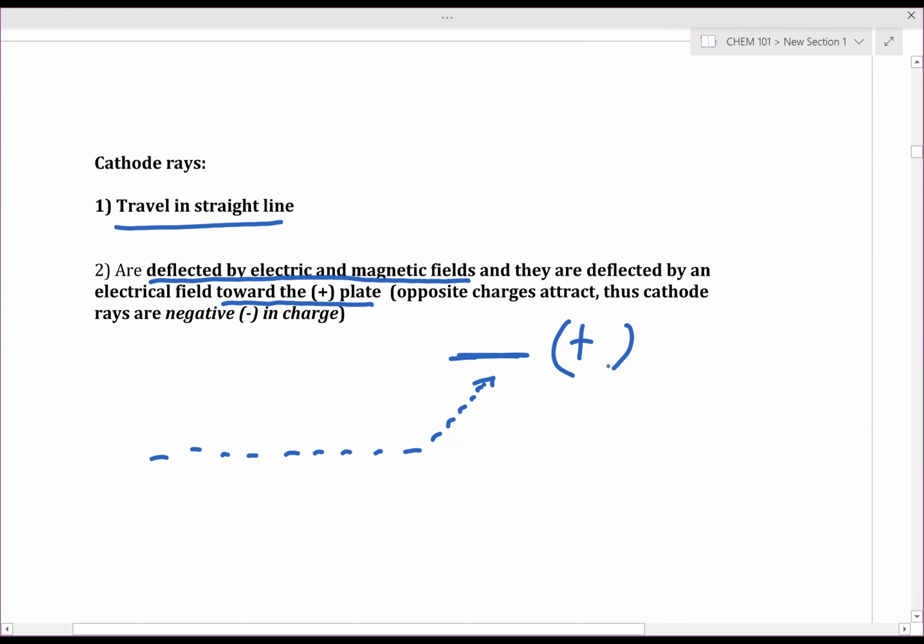Do they attract or repel? Opposites attract. So then, if it's attracted to the positive plate, what is the charge of that cathode ray beam? Negative, exactly. So from these experiments, we've established that this cathode ray beam is a negatively charged collection of particles, right? So we're going to study this a little bit more.